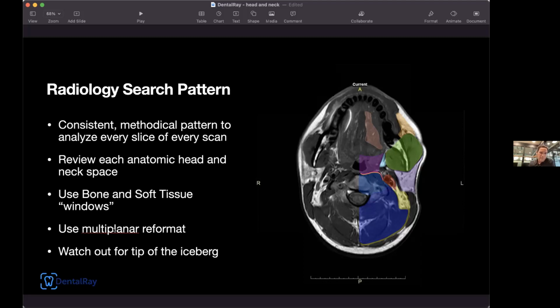What we're really looking for with cone beam CT is a tip of the iceberg type of finding. We're going to go through some of those. Some will be pretty obvious, some are pretty subtle, but often they can indicate signs of more severe pathology that might be otherwise occult.